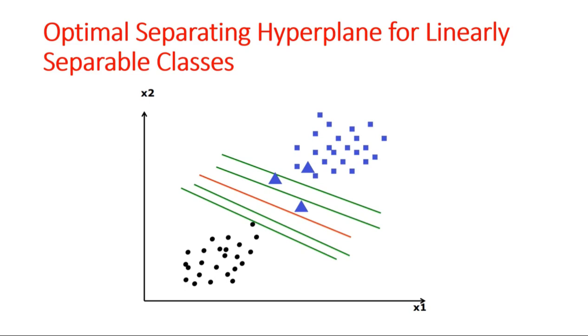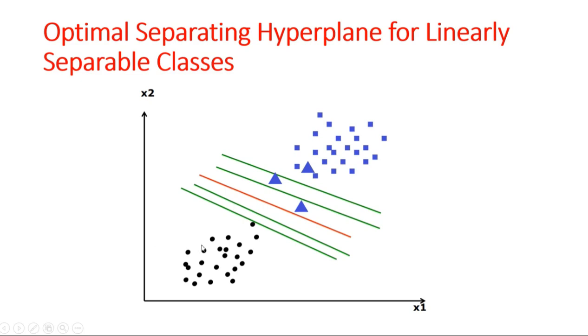So classification is the process of constructing the decision boundary surface. Here the decision boundary surface is a simple hyperplane. If a point is present above the red line, you can classify it as blue. If any sample point is present below the red line, you can easily tell it belongs to the black class.